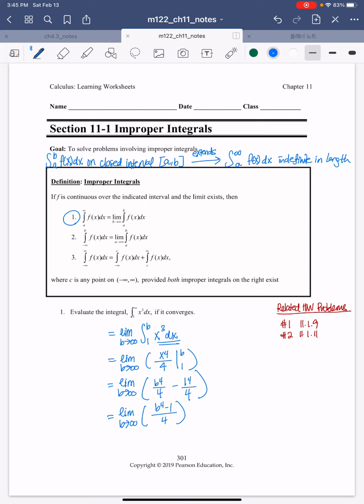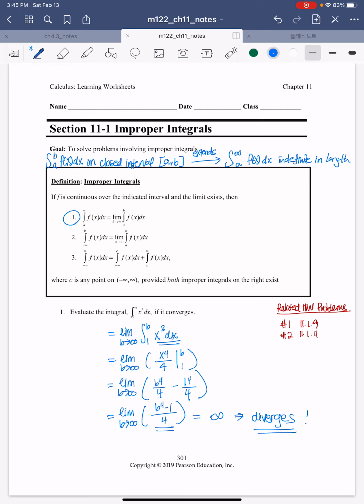Now, if I take the limit of this value, I have infinity to the 4th power, which is a very big number, take away 1, that's still infinity. Infinity divided by 4 is still a big number. So the limit of b to the 4th minus 1 over 4 is infinity. So what does that mean? This is a divergent integral. It diverges.